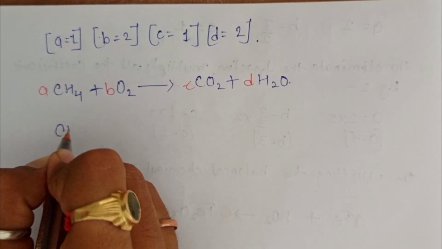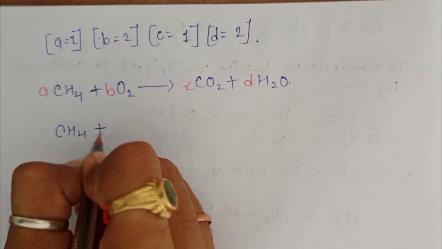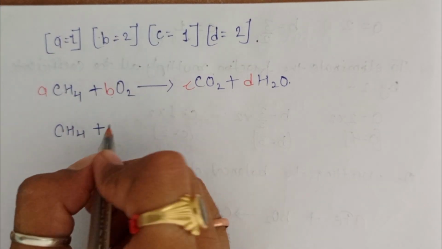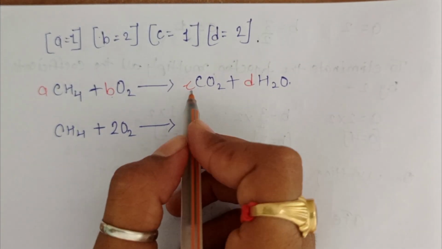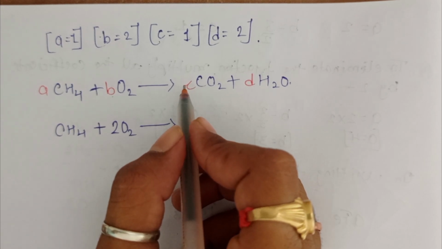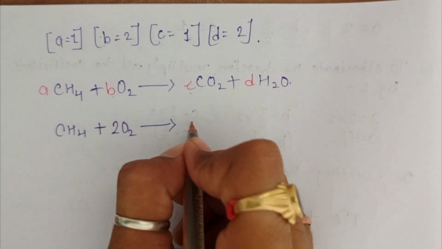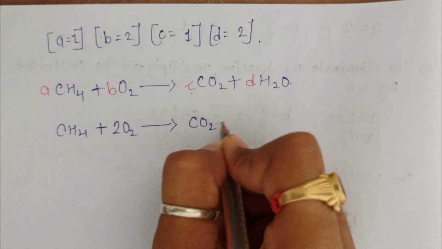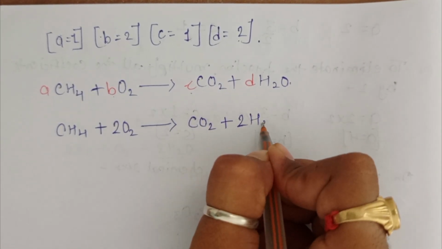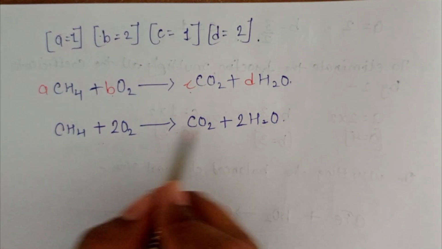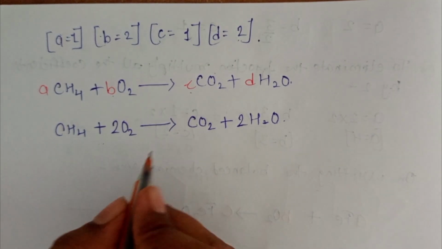Means CH4 plus B, which is two oxygen molecules here. The product is C, which is 1, CO2 plus D is equals to 2, means 2 water molecules. This is our balanced chemical equation.